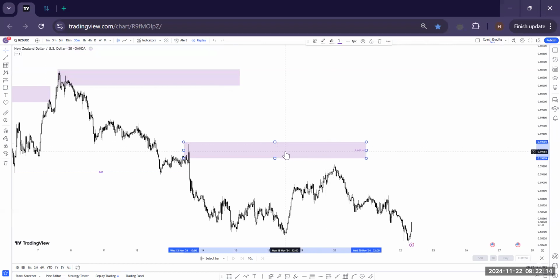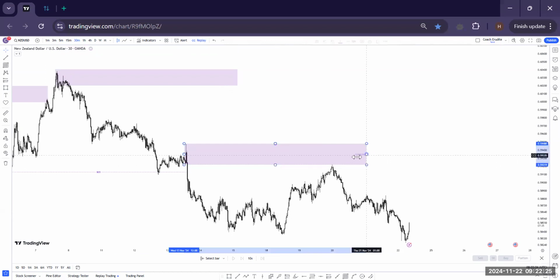So this particular wick is another block, which was mitigated.